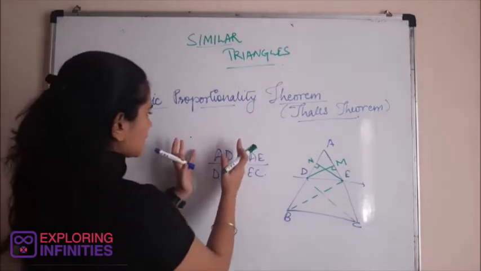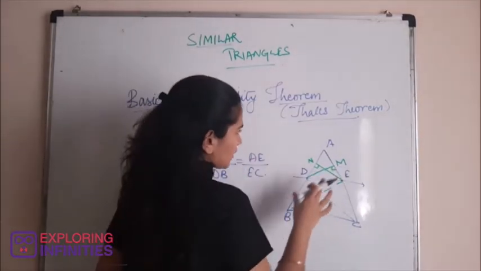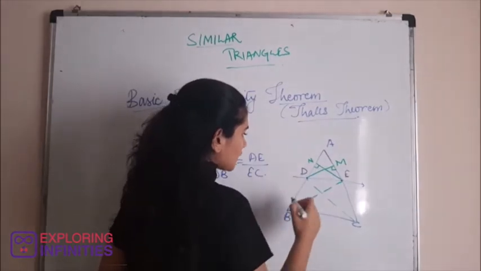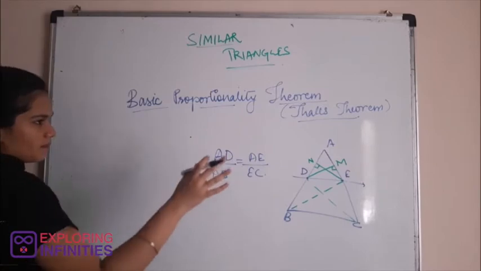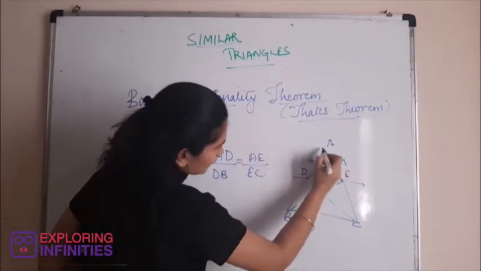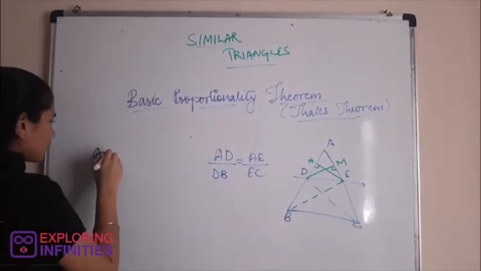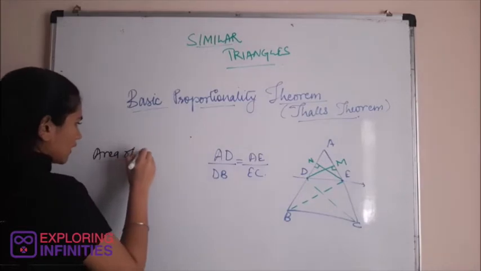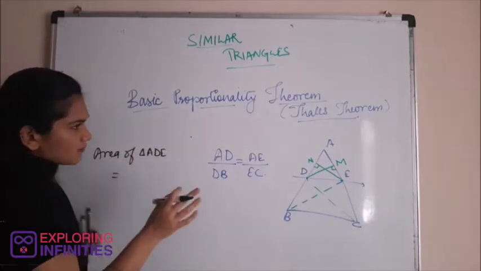Now let us first take this side, which is AD divided by DB. We will take two triangles, triangle ADE and triangle BDE. So let us talk about the area of these two triangles. So area of triangle ADE would be what?